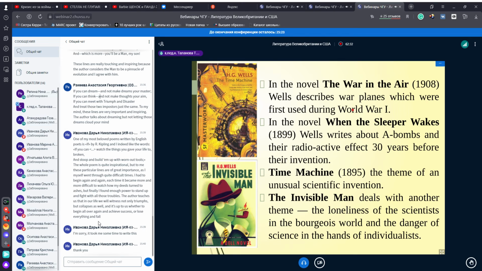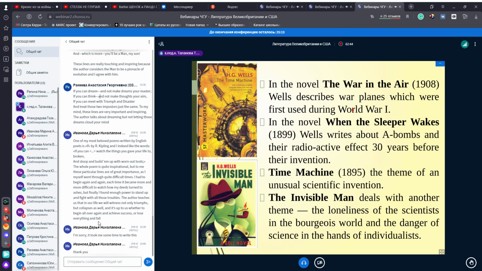One of his famous novels is The Time Machine. It was published in 1895. The main thing was the struggle of the classes. It's rather difficult to compare his writings because every novel focused on something very specific.